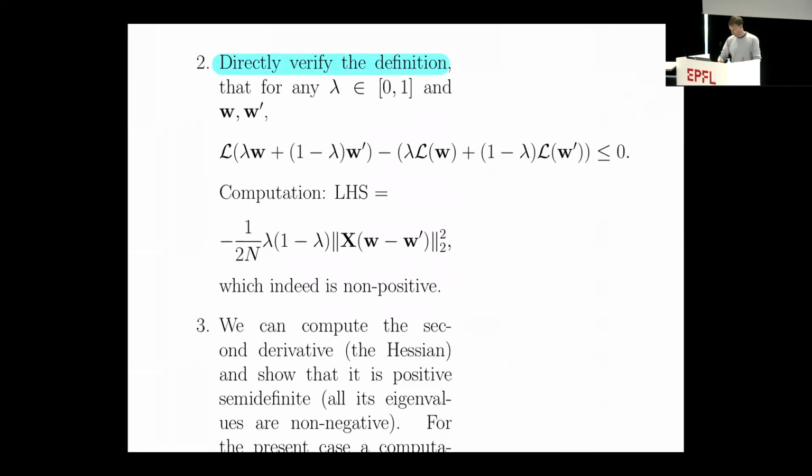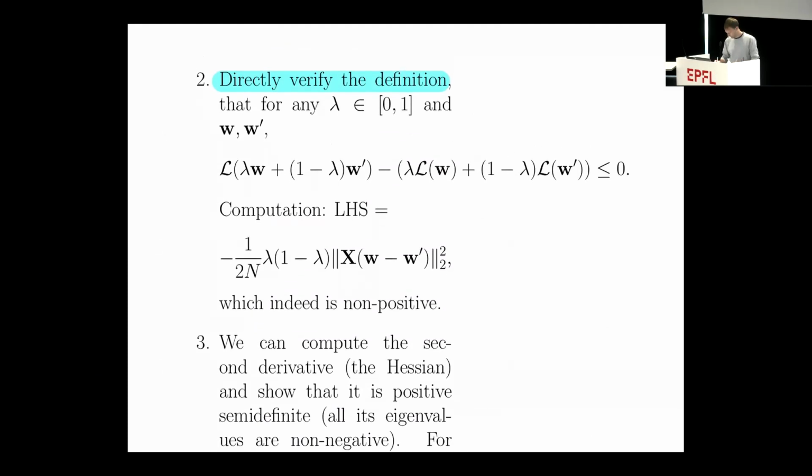That is a bit of a hassle, but what we need to do, you remember. I just want to illustrate. We have two points, W, and the other one I can call W prime. And then here is my function. I want to prove it's convex.